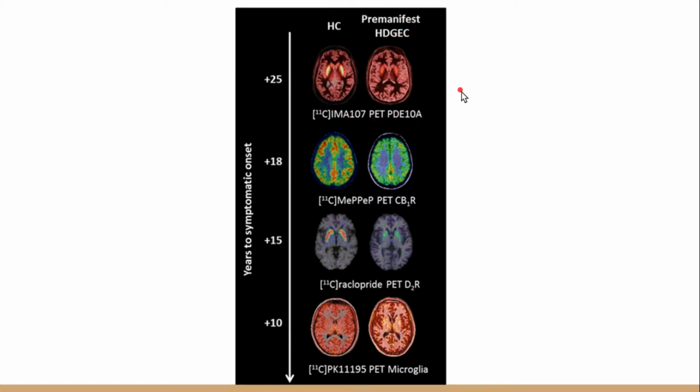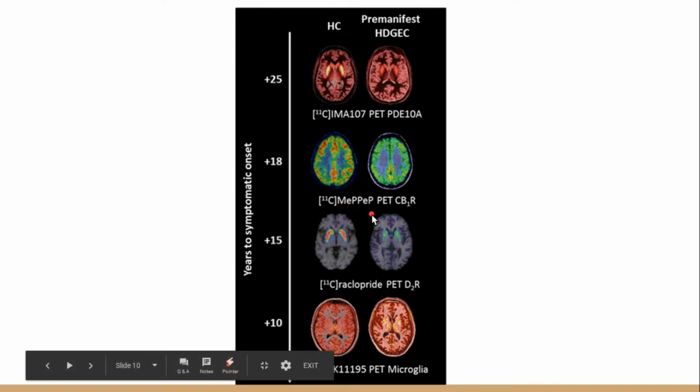It's very fascinating. Roughly 18 years before the age of onset, there are abnormalities in CB1 receptor density that have been observed. CB1R, the cannabinoid receptor, is highly expressed in medium spiny neurons, and CB1Rs function to dampen glutamatergic cortical inputs. In HD patients, CB1Rs are vastly downregulated.